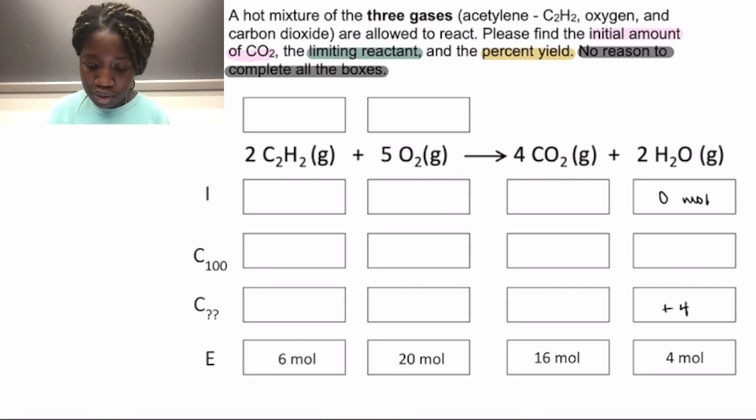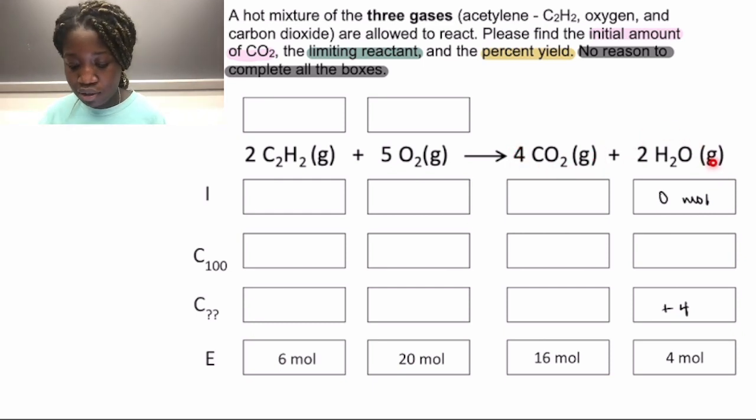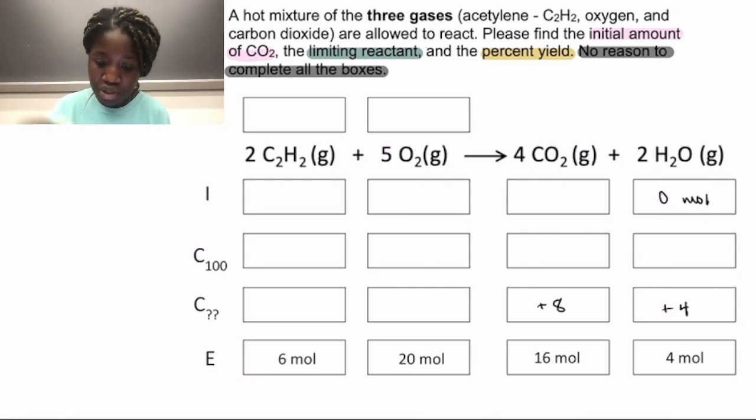Now that we have this +4, we can see how the other compounds are related to H2O and solve for their changes. So from carbon dioxide to water is a 4:2 ratio. And so this is going to be +8, plus because it's a product.